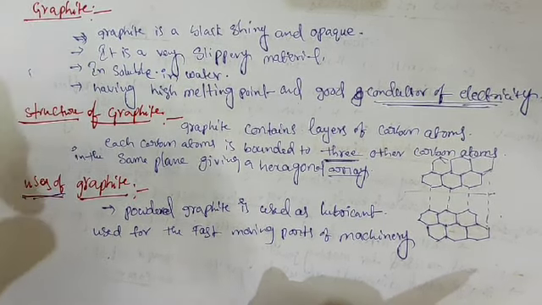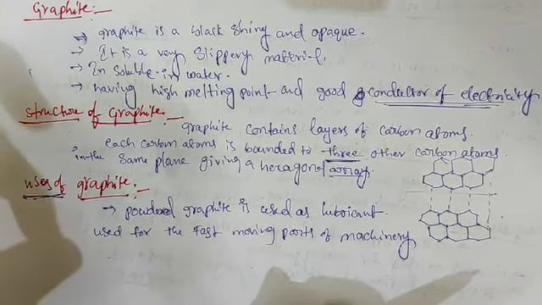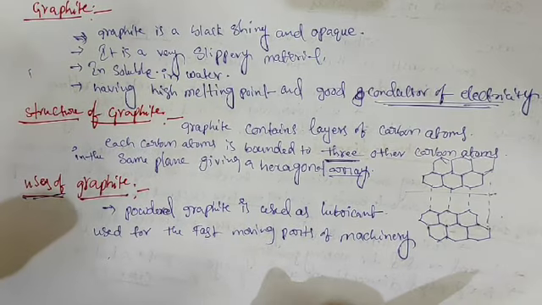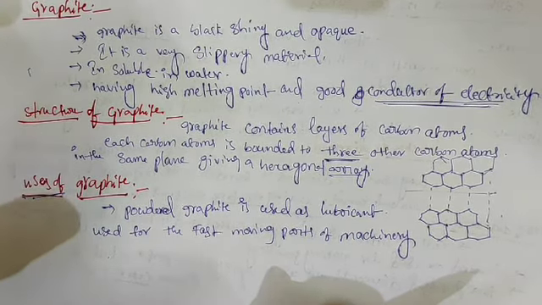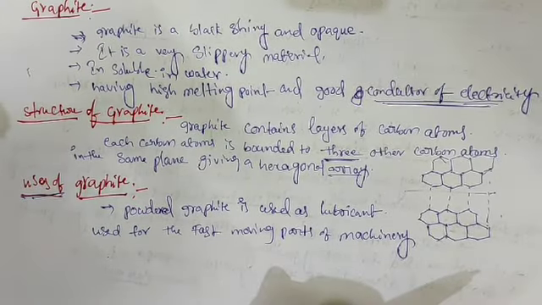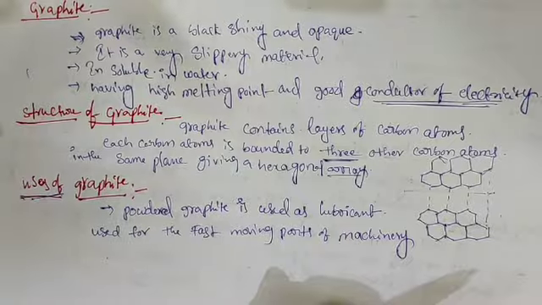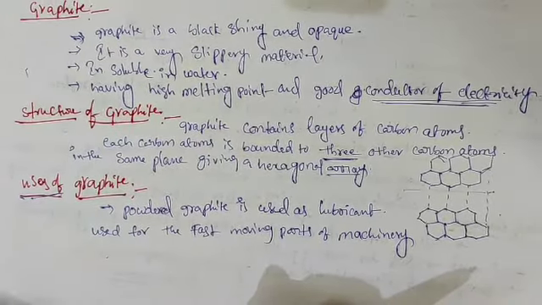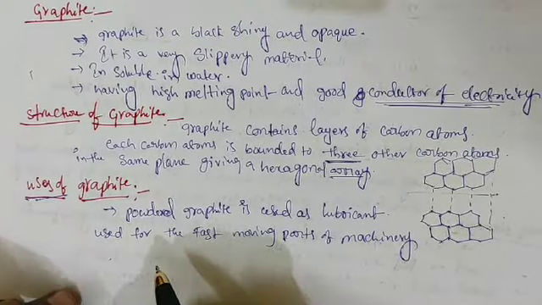Oil and grease will evaporate up to 200 degrees temperature, but this can't evaporate. So for fast moving machineries we use graphite powder instead of lubricating oil. So that is the reason, because of the high melting point.